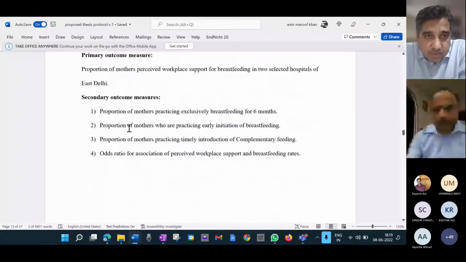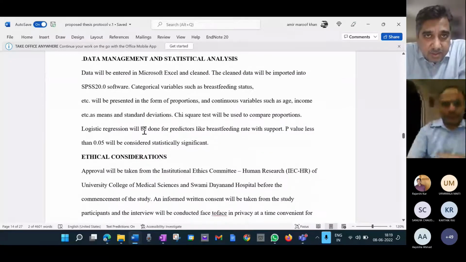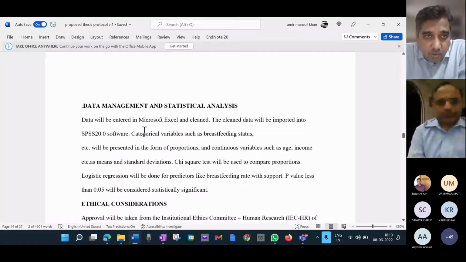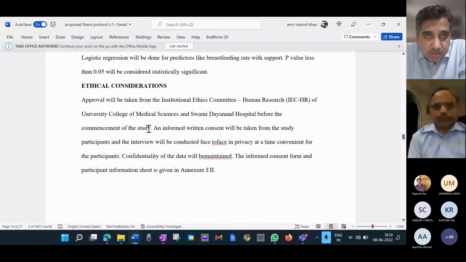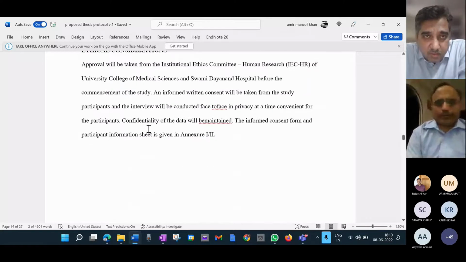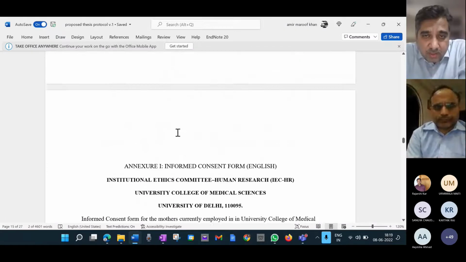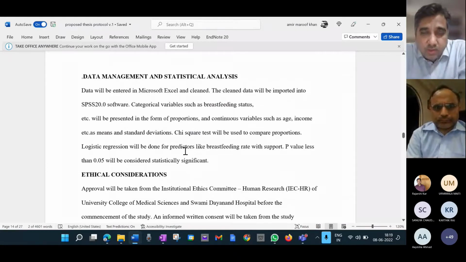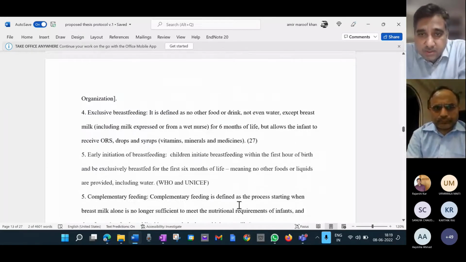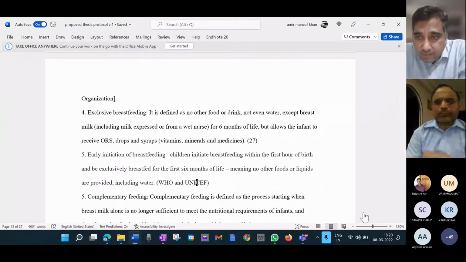Then outcome measures, then data management and statistical analysis, which we'll be discussing tomorrow, and ethical considerations, which we will also be discussing tomorrow. Then we go on to the next. This is the ethics form, and this is how a method section would look.